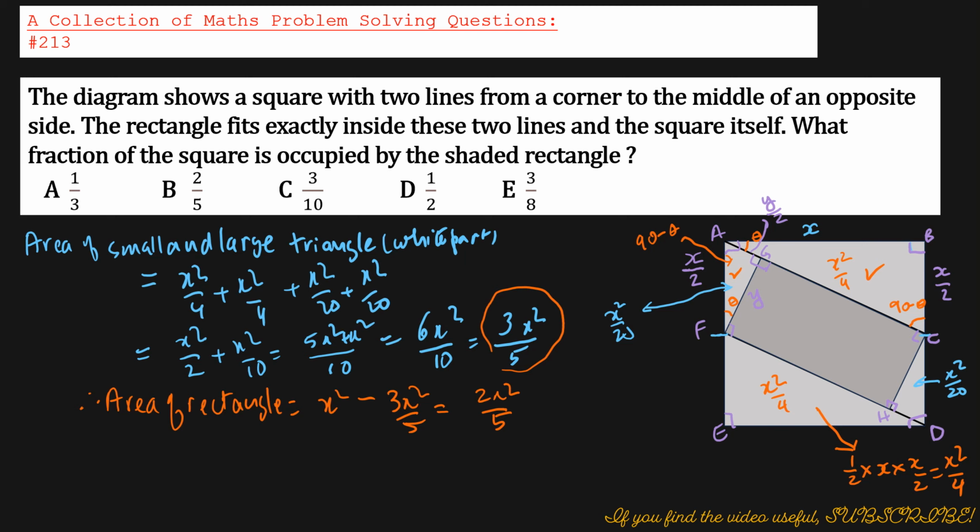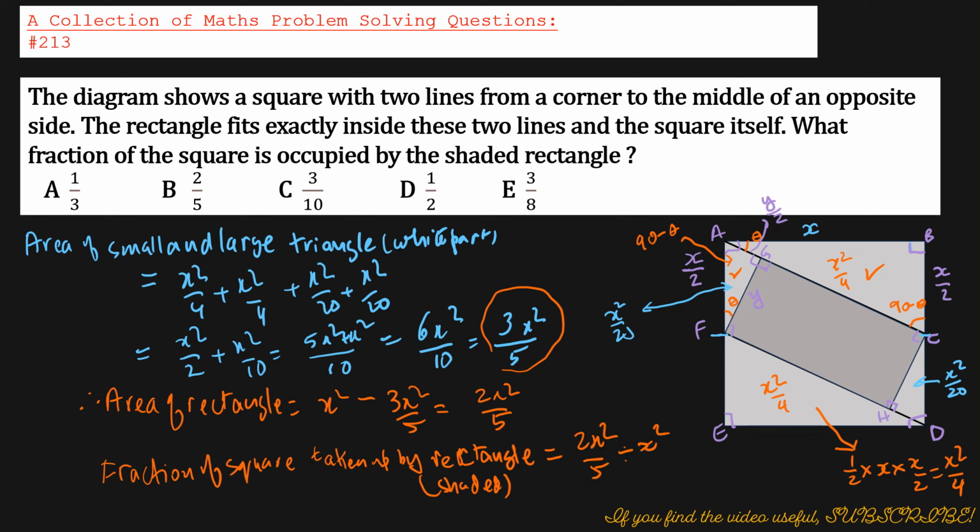So therefore the fraction of the square taken up by the rectangle, that's the shaded part, would be 2x square out of 5 divided by x square, and that gives you 2 out of 5. So the answer is B, 2 out of 5.